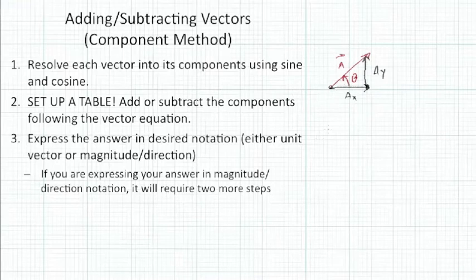So we have the adjacent and the hypotenuse. Which trig function is that? That sounds like cosine to me. So the cosine of that angle is adjacent over hypotenuse, so that's AX over the hypotenuse, which is our vector A.